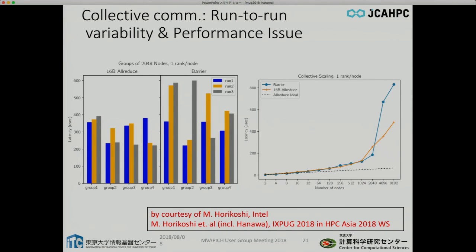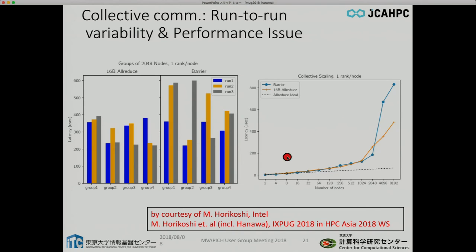This graph shows collective communication performance for the compute node groups. We can divide them into groups 1, 2, 3, 4, and as you can see there are very big variations in almost the same configuration.